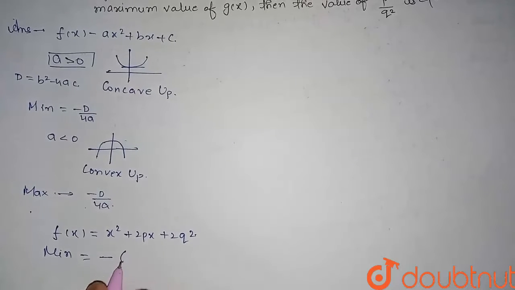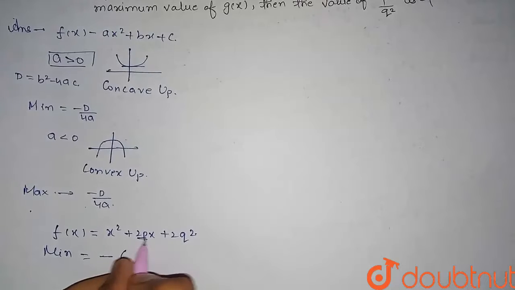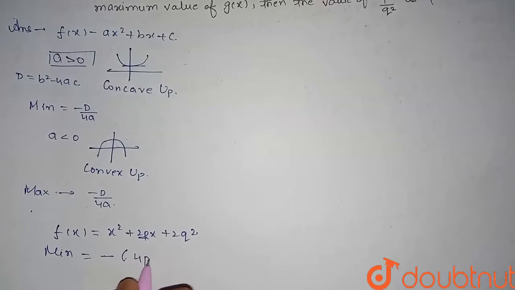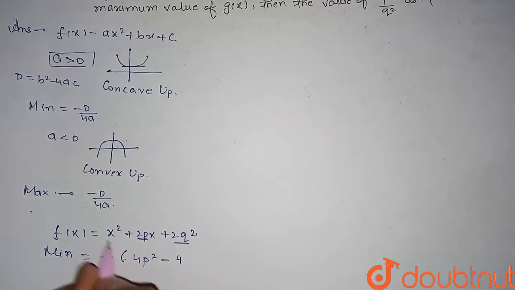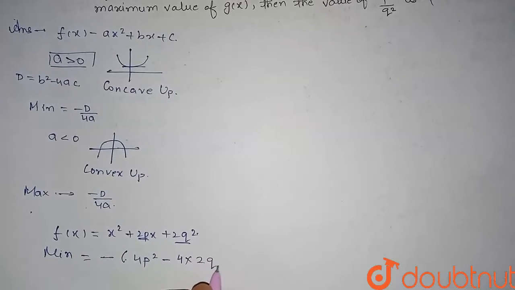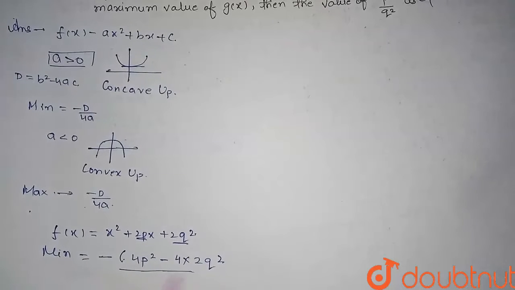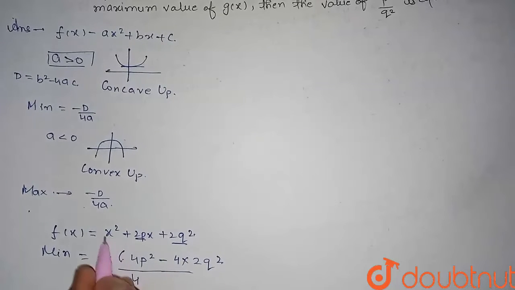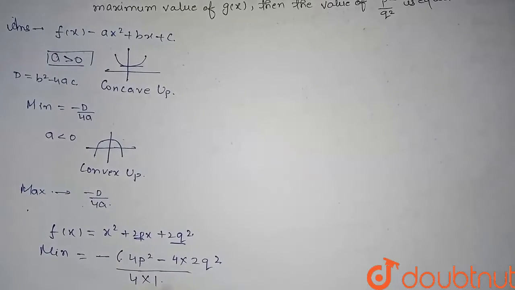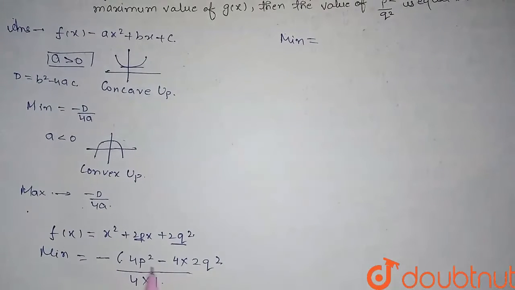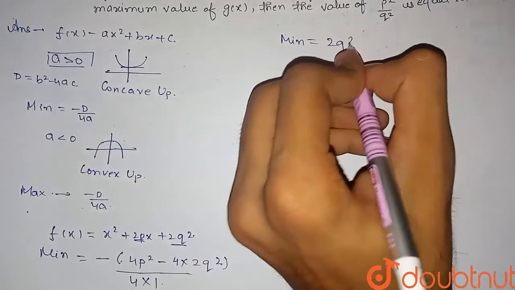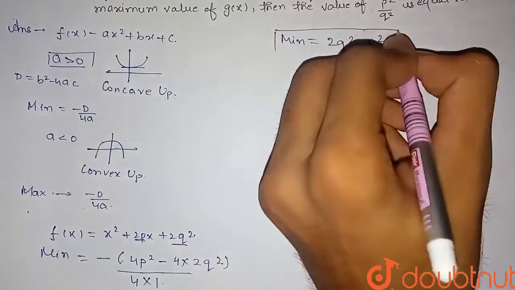This will be minus of b square minus 4ac, that is 2p whole square, which is 4p square, minus 4 into the constant term 2q square, and the value of a is 1, so 4a will be 4 into 1. Taking the negative sign common, that will be 8q square minus 4p square divided by 4, which becomes 2q square minus p square. So this is the minimum value of the first function.